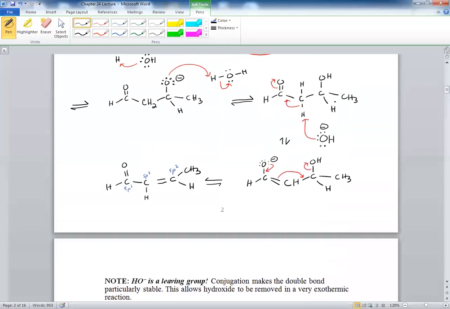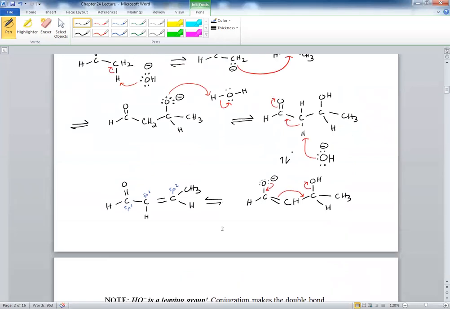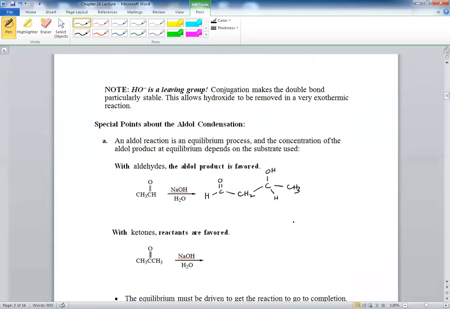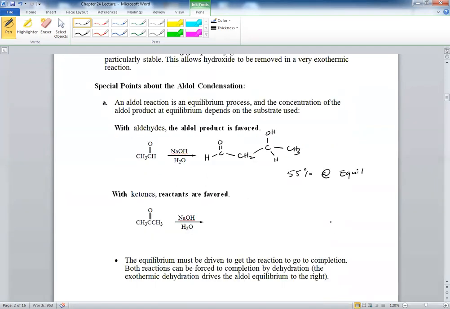So that's basically this right here. At equilibrium, this is 55%. So this is favored at the equilibrium. Now, the moment you have a ketone, when you have two ketones reacting with each other, the reactants are favored, so the reaction is less likely to take place.